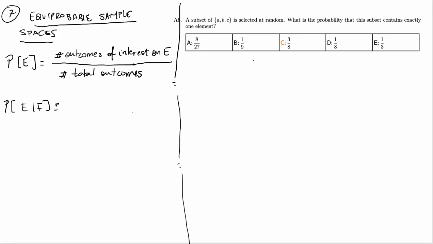Another thing that is a consequence of being inside an equiprobable sample space is how to calculate the conditional probability. So we remembered that the conditional probability is given by, well, if F happened first, so probability of E given F, F happened first, and then E happened next, you're interested in the probability of then both happening. Okay? That would be the natural path, but you have to normalize or just divide by what happened first, right?